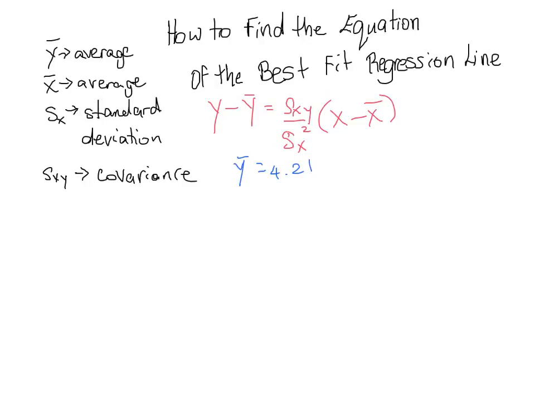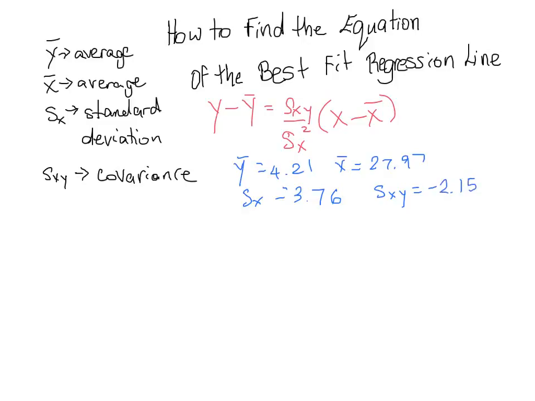So let's say our average of y is 4.21, our average of x is 27.97, our standard deviation of x is 3.76, and our covariance is negative 2.15.